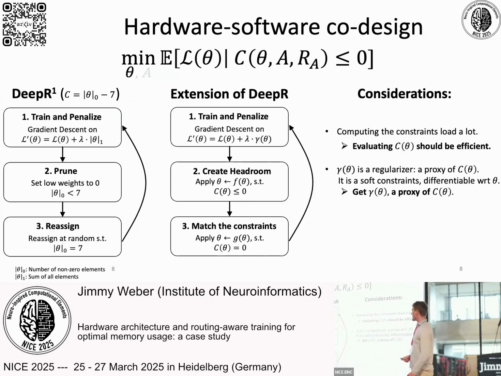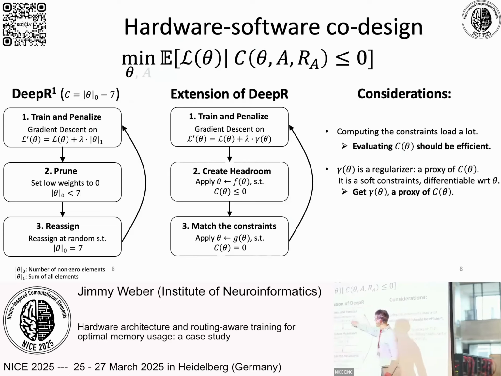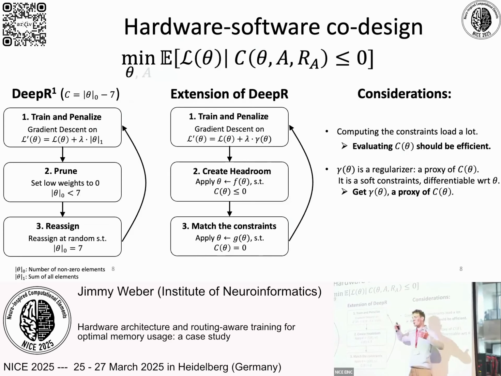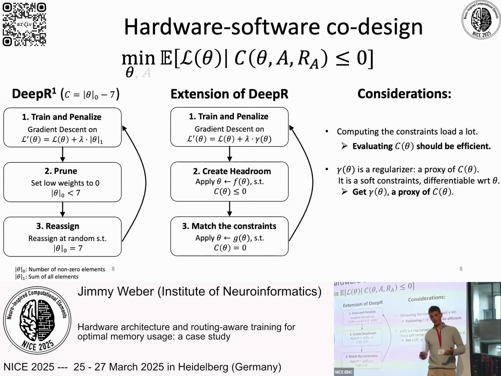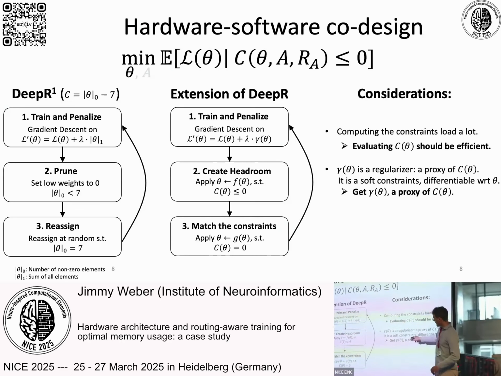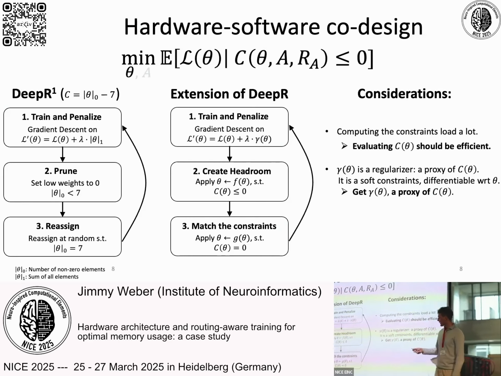The second point is that we need a regularizer that follows the same direction as our hard constraint. So this regularizer should be a soft version of our constraint that is differentiable. So gamma is a regularizer, a proxy of C, and it's a soft constraint that is differentiable with respect to the set of weights. Okay.